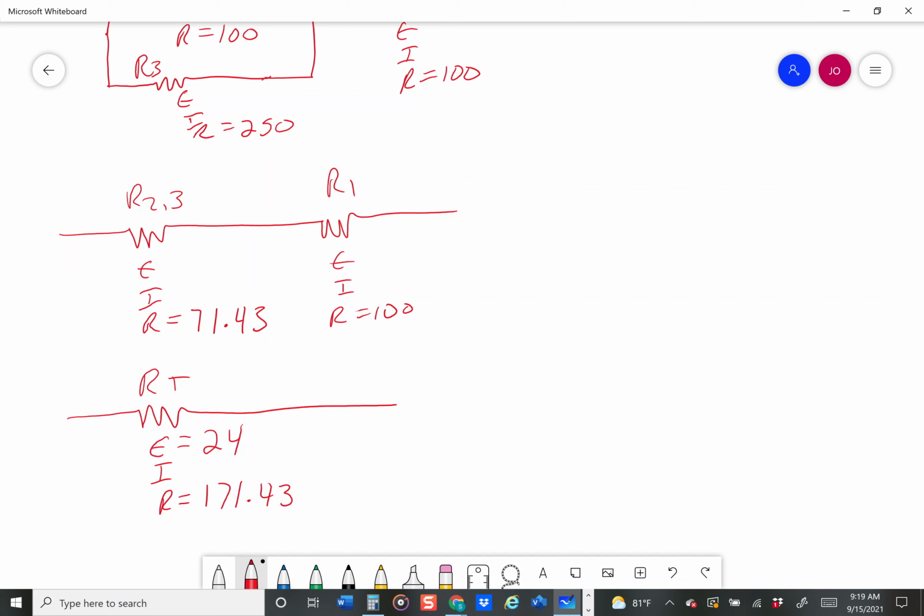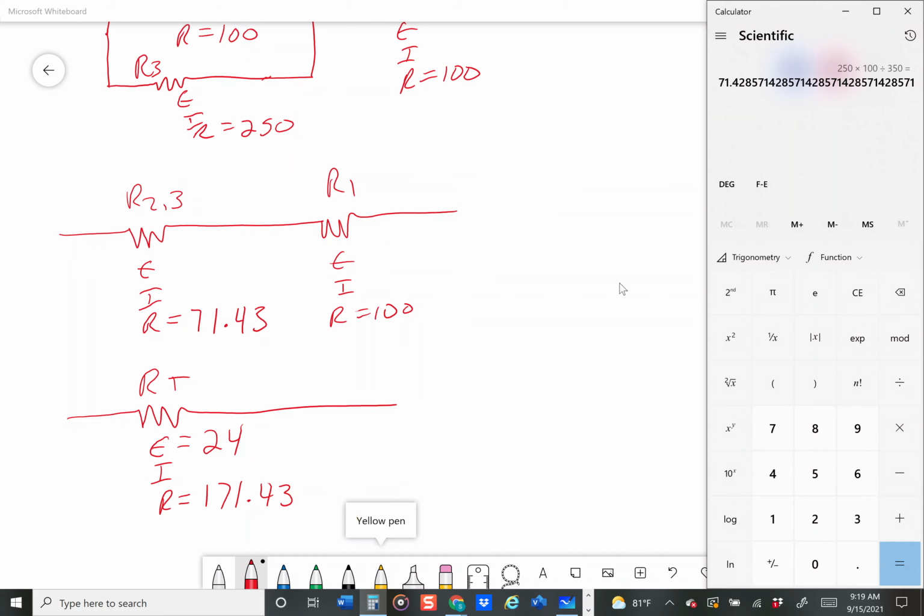So now I got to solve for I total. So I'll bring my trusty calculator back up, and I'm going to take my 24 and I'm going to divide that by my 171.43. If you leave that in your calculator and you just hit second answer, you'll get a lot more accurate response. But in this case here, my calculator says I have got 0.14 amps.